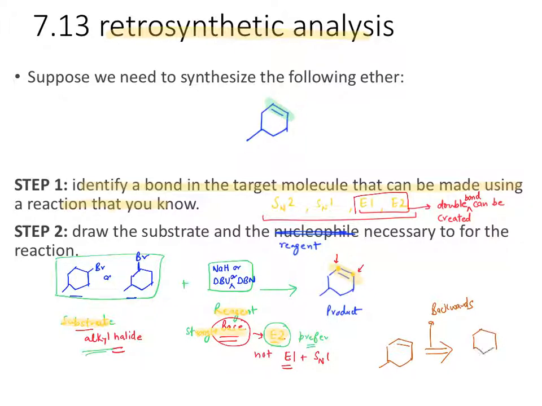So for example, the substrate could be this or this, and the reagents could be sodium hydride or DBU or DBN, any of these.